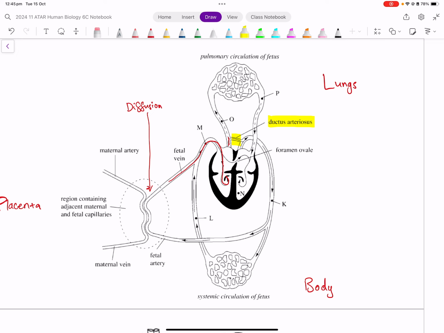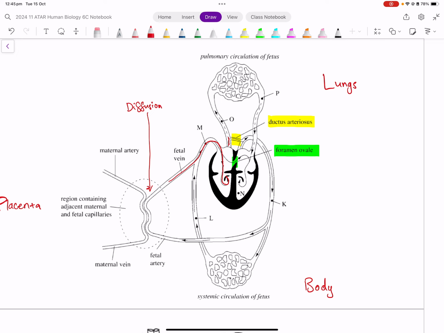If blood doesn't flow directly into the right ventricle, it can instead take another shortcut, and this shortcut is the foramen ovale. We can see between the walls of the atria, or the septal wall of the atria, there is a gap or a hole, and this gap is known as the foramen ovale.